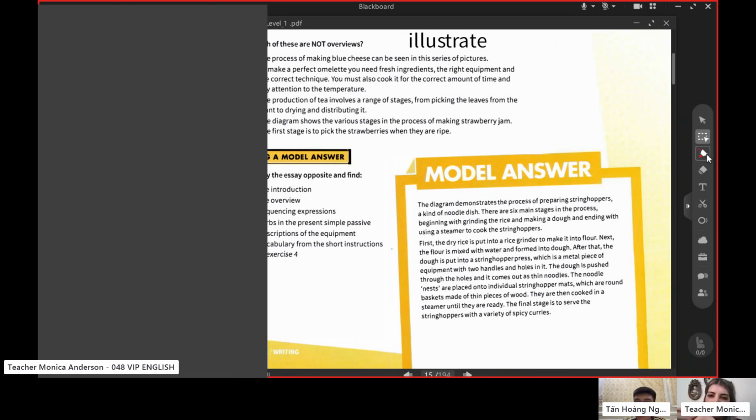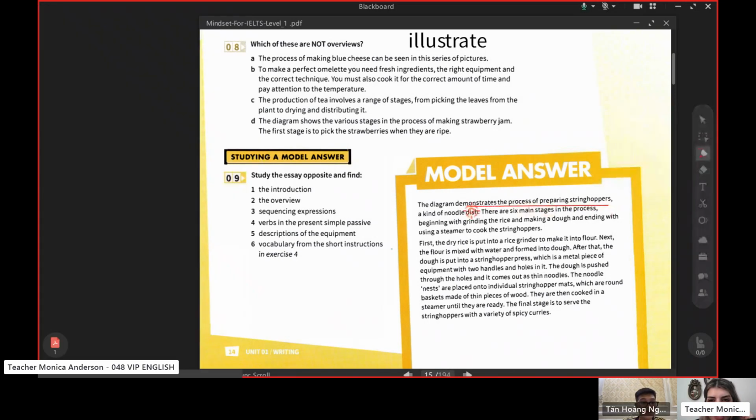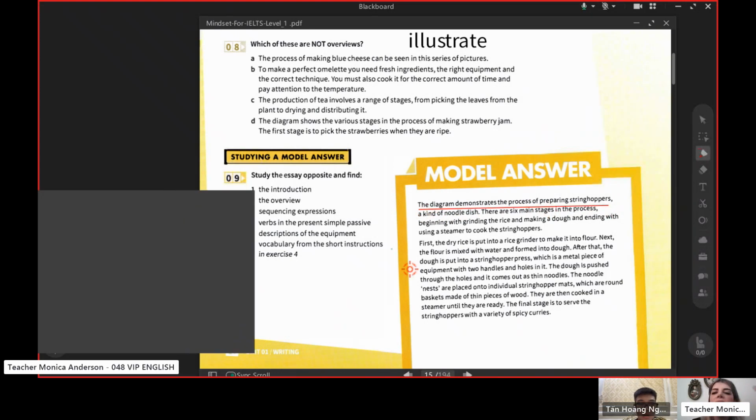Teacher, the introduction and an overview are in one paragraph. Very good. Yes, of course. Definitely, the introduction should be followed by the overview. So when the introduction is finished, the overview starts. Which one is the introduction?